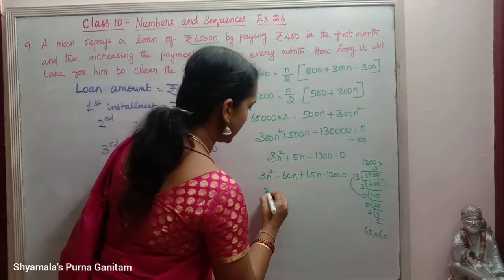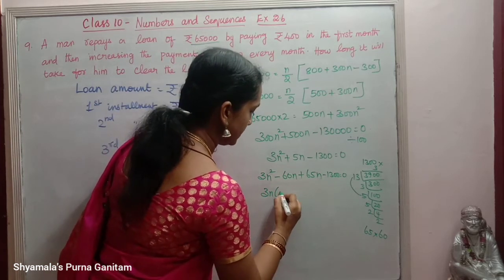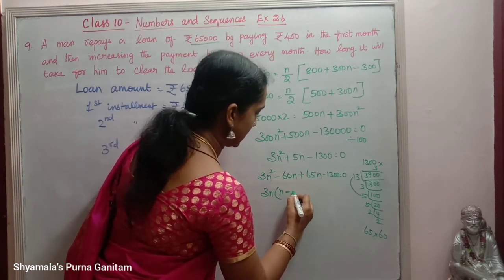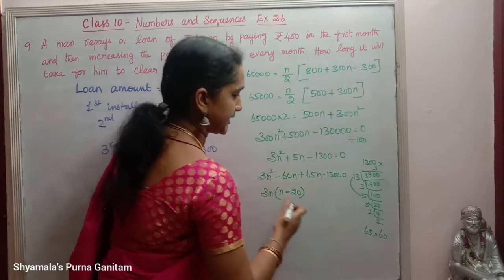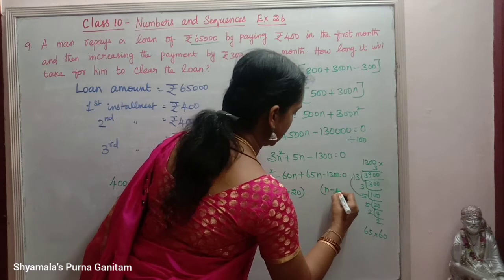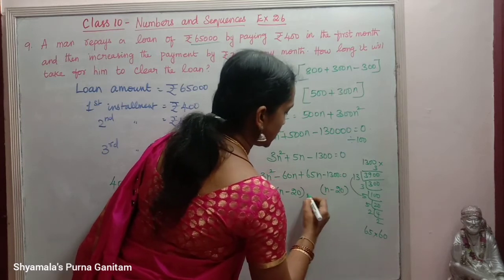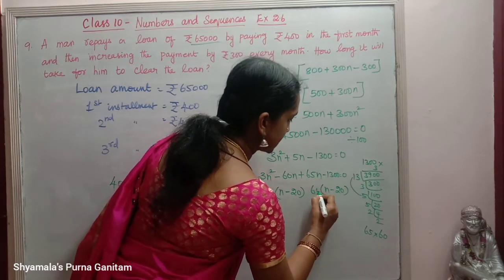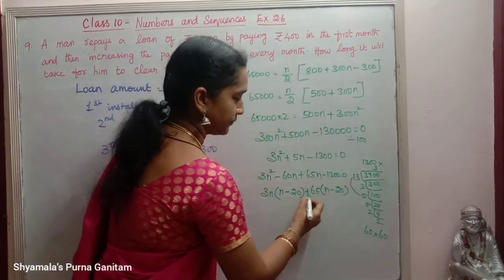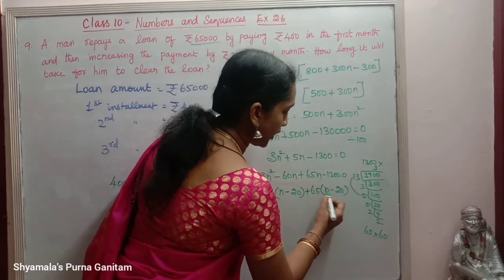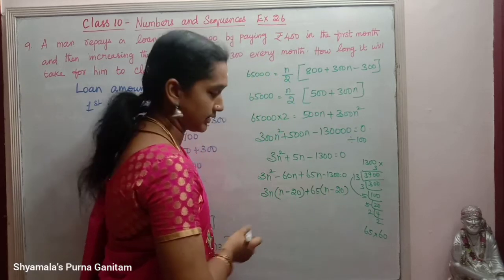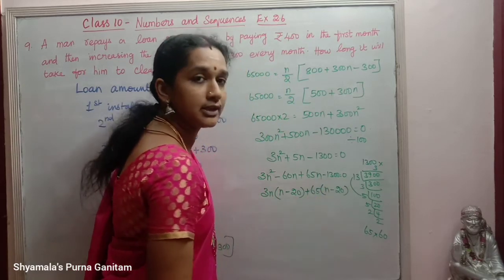Okay, so here if we take 3n common, the balance will be n minus 20. 3 into 20 is 60. So here also we have to get n minus 20. For that we have to take 65 common outside. So 65 into n is 65n, 65 into 20 is 1300.